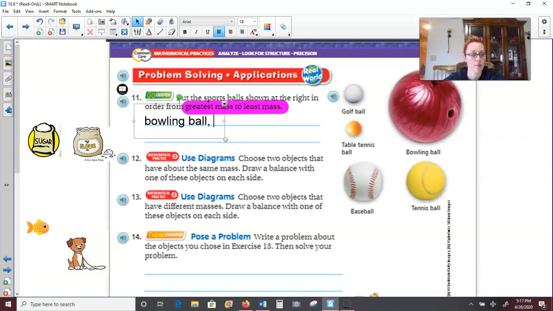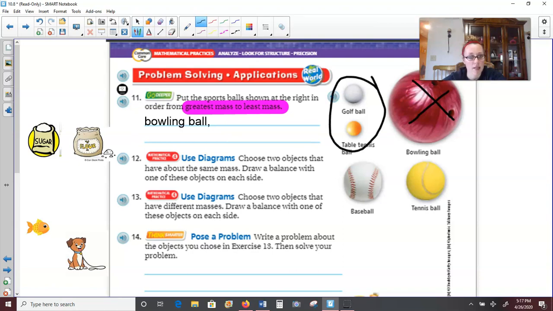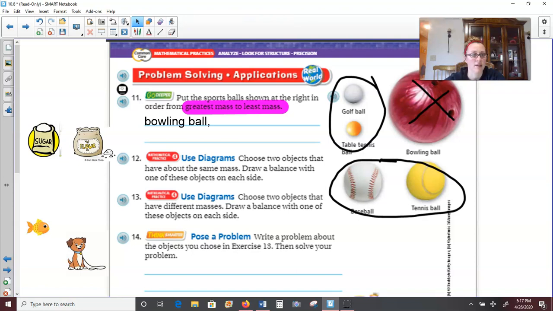Now after the bowling ball, we've got 4 balls left, and 2 of them have the same size here, the golf ball and the table tennis ball, but then also a baseball and a tennis ball seem to be the same size too, but they don't necessarily weigh the same.